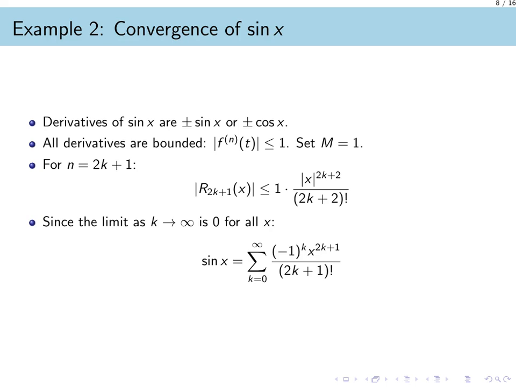The final step is to check the limit of this upper bound as k goes to infinity. For any fixed value of x, the factorial in the denominator grows much faster than the power in the numerator, so the limit of this expression is 0. Because the remainder term is squeezed to 0, we have proven that the Maclaurin series for sine of x converges to the sine function for every value of x.